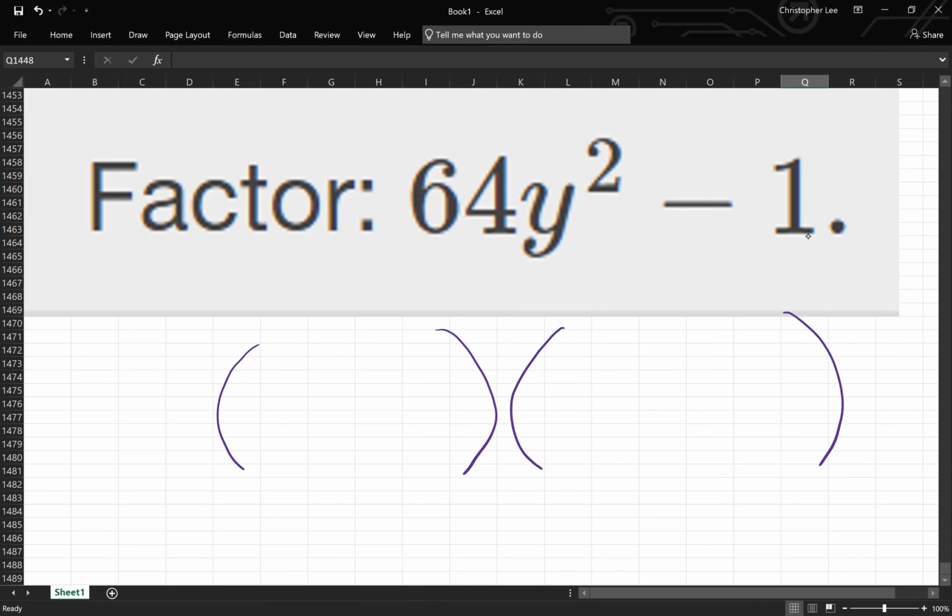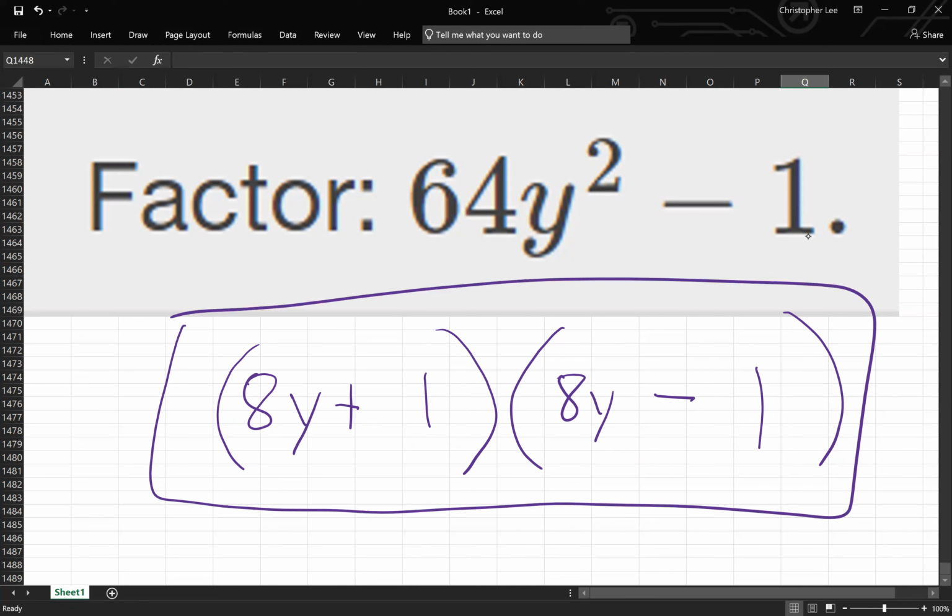One is going to be a plus, one is going to be a minus, because it's the difference of two perfect squares. 64y squared, what is that going to get broken down to? 8 times what's the variable? 8y and 8y. And what times what is 1? 1 and 1, done. That's it. Light work.